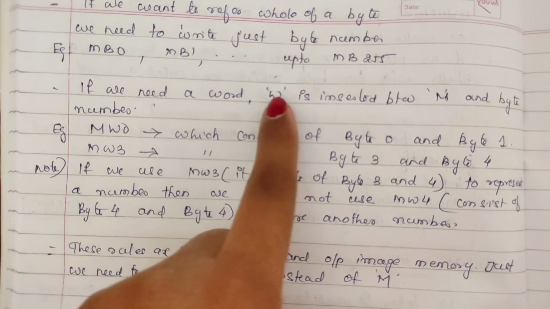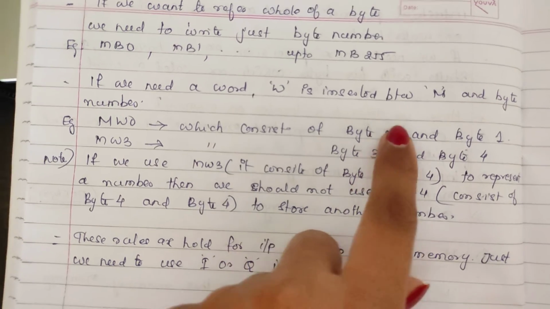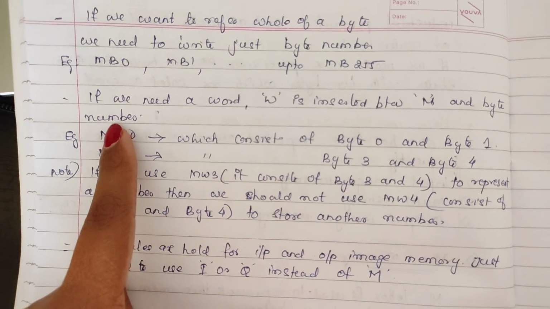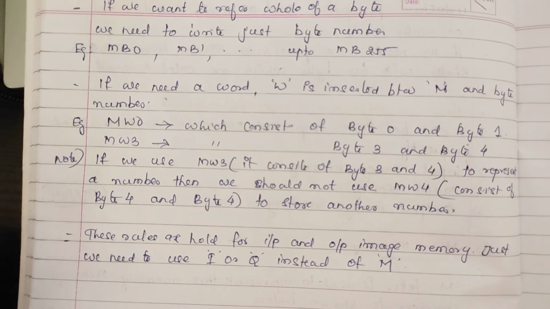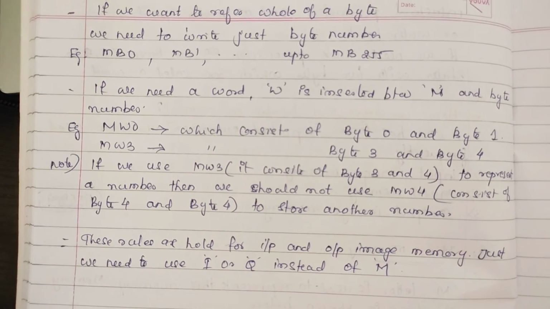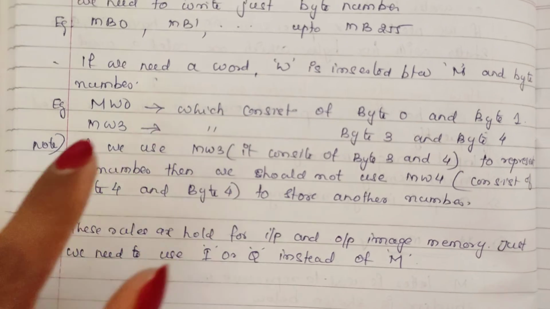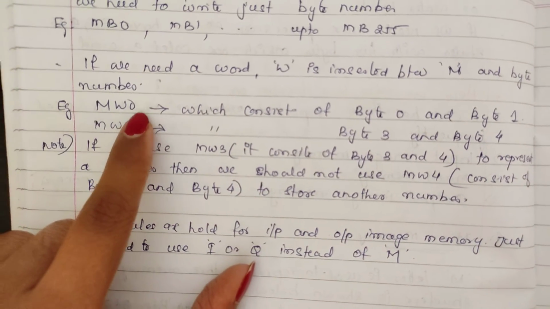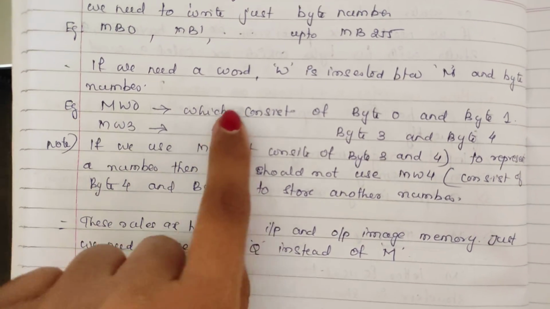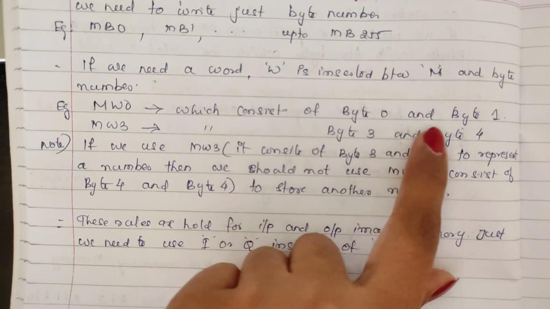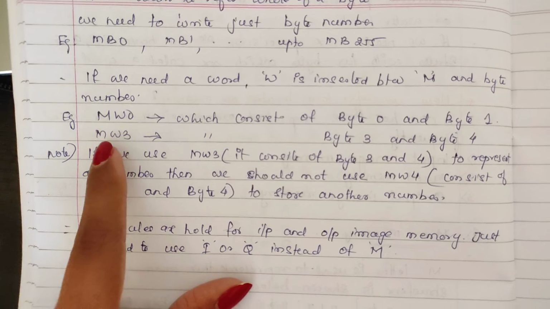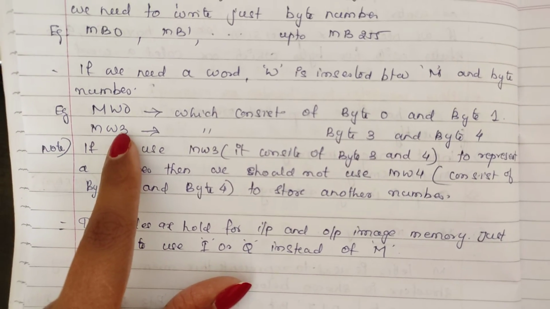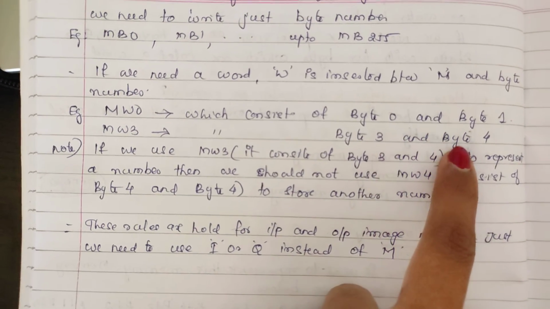Now if you need a word, W is inserted between M and the byte number, right? In the same main memory, if I want to represent a word, for example MW0, this indicates the address which consists of byte 0 and byte 1. One word is equal to 2 bytes. Similarly, MW3 indicates byte 3 and byte 4.